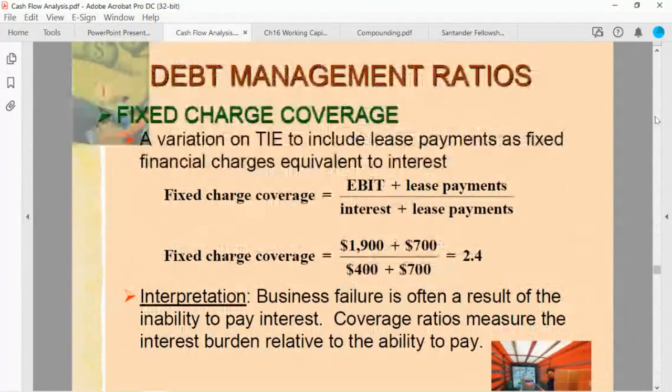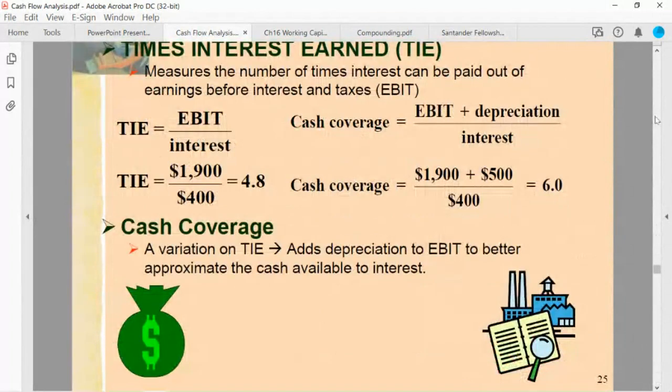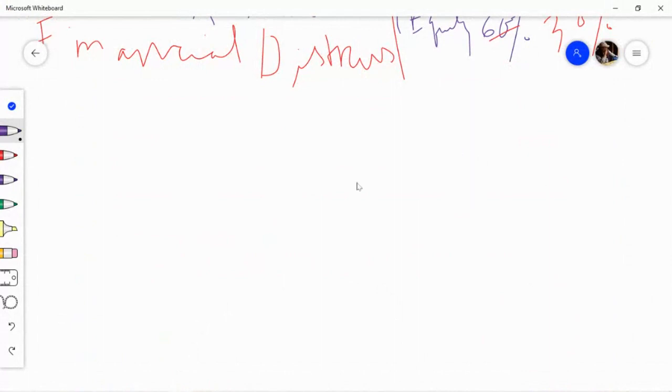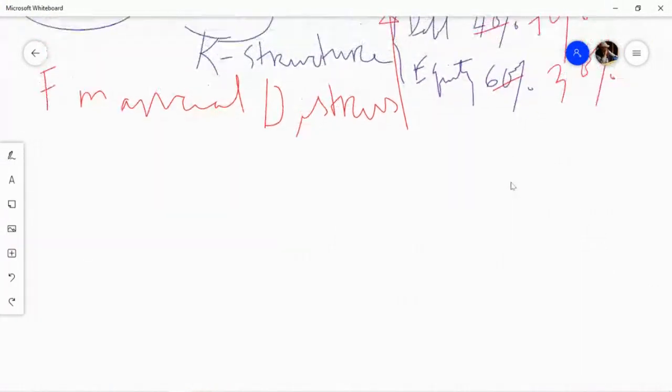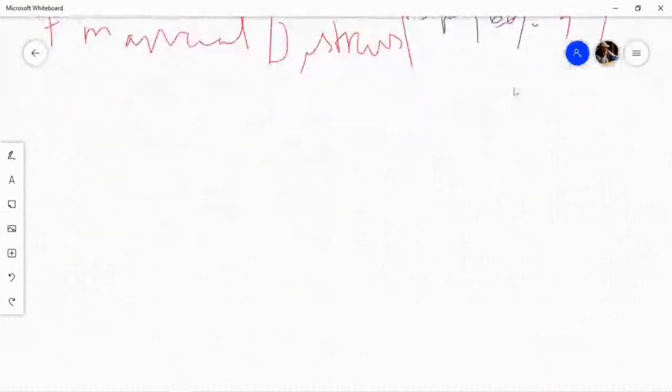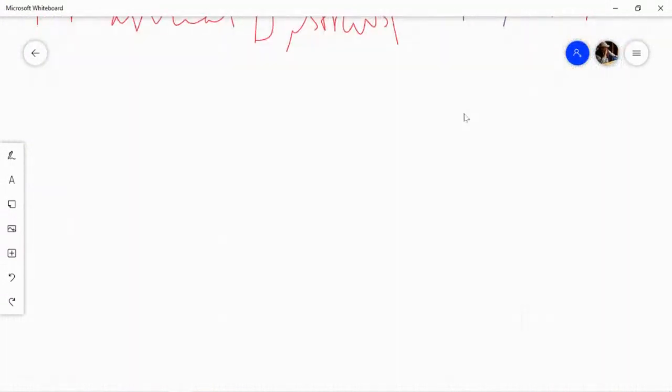So I said the times interest earned ratio is also called coverage ratio or debt services ratio.